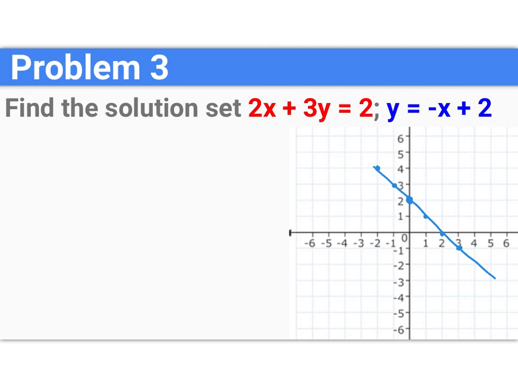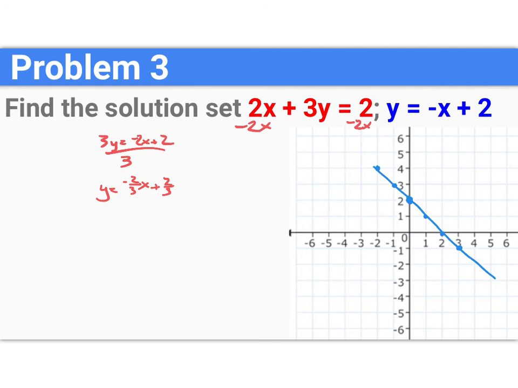We can graph that straight because it's already in slope-intercept form. For the red line, I'm going to subtract 2x from both sides. 3y equals -2x plus 2. Divide everything by 3. Y equals -2/3 x plus 2/3.